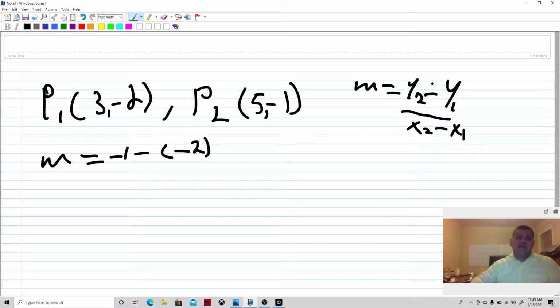So I think everybody agrees with that. So that's why we have here that 2 is a negative. So we got a negative 1 minus a negative 1.